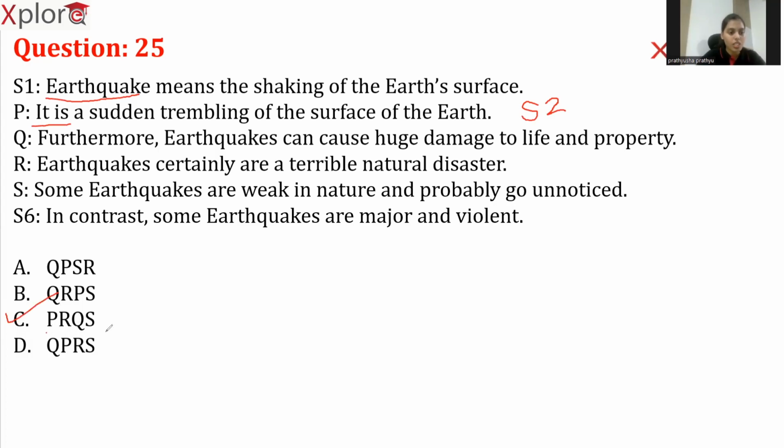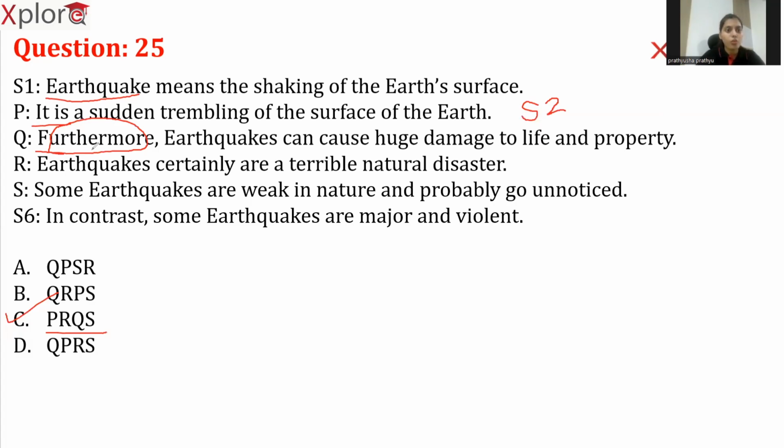Now let's quickly check whether option C has continuity or not, just like proofreading. We already know our answer, just for confirmation. Let's check it once. It is a sudden trembling of the surface of the earth. Next, it is given that furthermore, earthquakes. The term furthermore means additionally. You're adding some additional information to what you have already spoken.